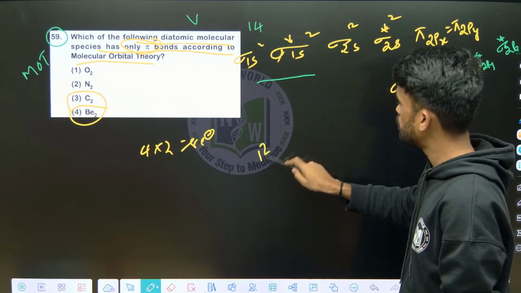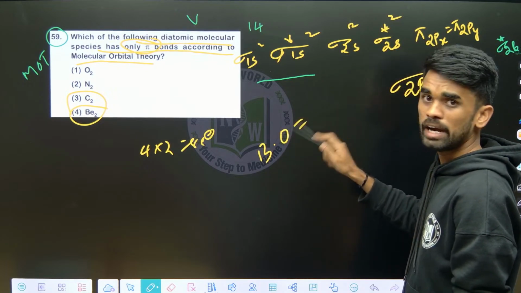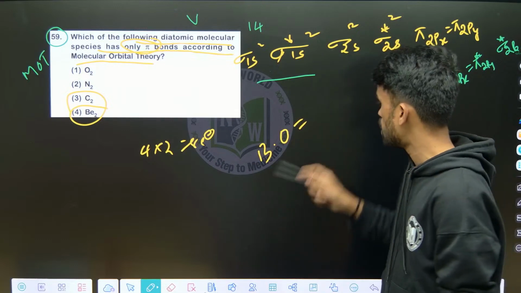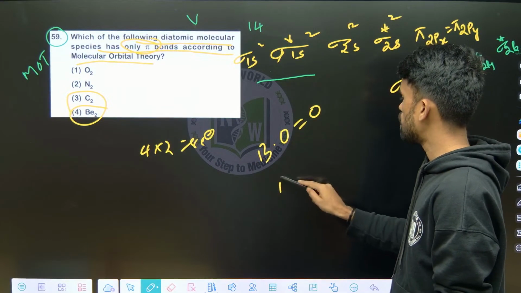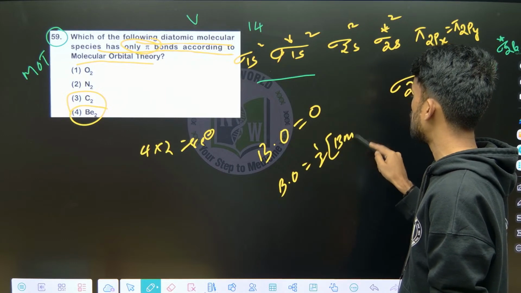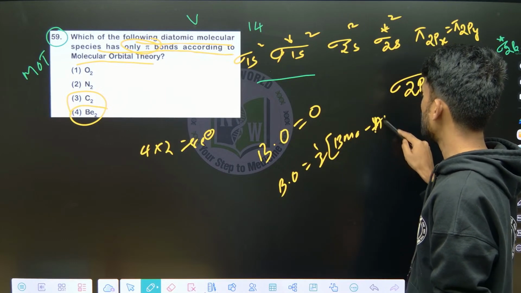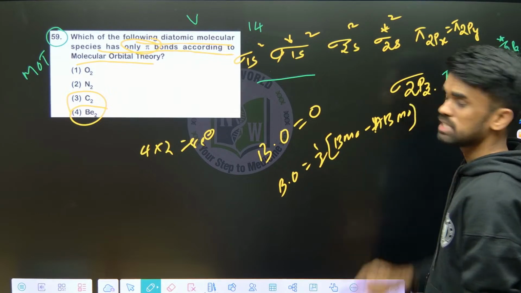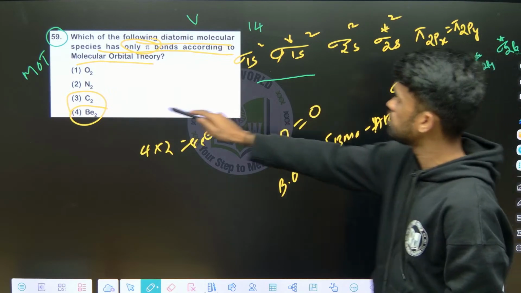So bond order will be 0, because bonding and anti-bonding contain the same number of electrons. The bond order formula is half into the number of bonding electrons minus anti-bonding electrons. So that will become 0.